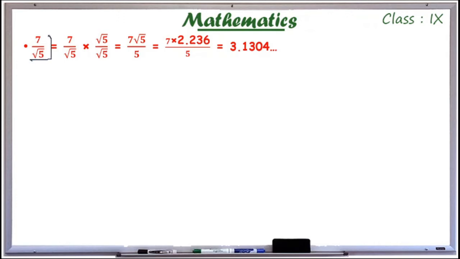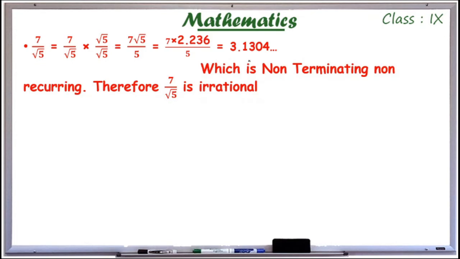So 7 by root 5, I just multiply root 5 on both numerator and denominator. So the answer is non-terminating, non-recurring. Therefore 7 by root 5 is also an irrational number. Root 2 plus 21.